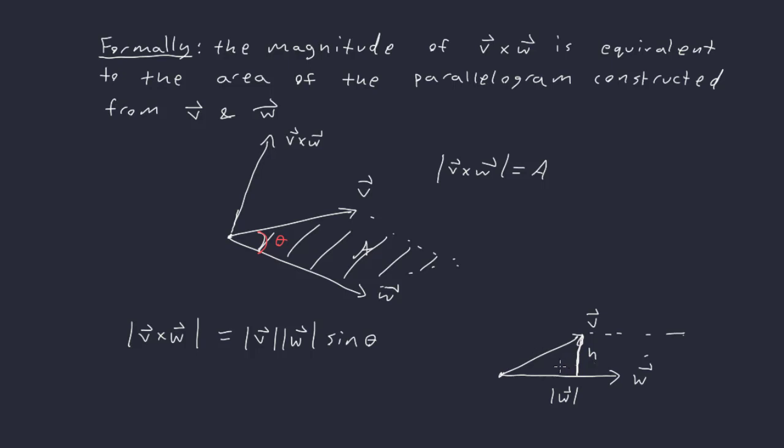The side opposite and the hypotenuse. So that's where we get this connection. So it turns out that if we have cosine here, that's related to the dot product. When we have sine here, it's actually related to the cross product, specifically the magnitude of the cross product.